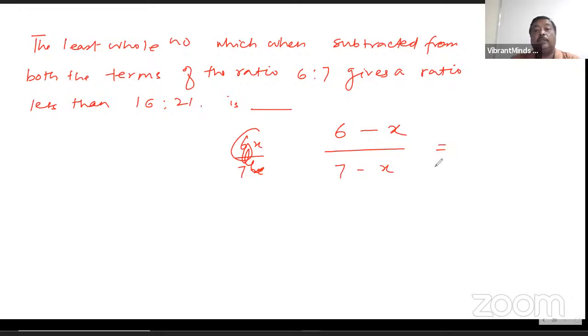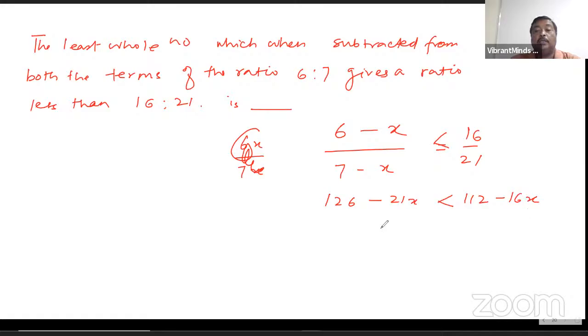And this gives a ratio less than 16 by 21. Cross multiply. 126 minus 21x is less than 112 minus 16x.